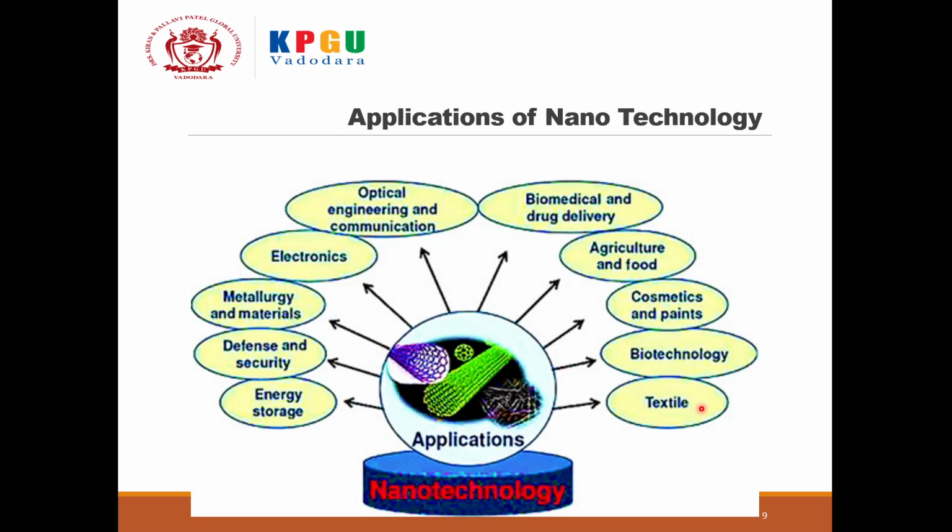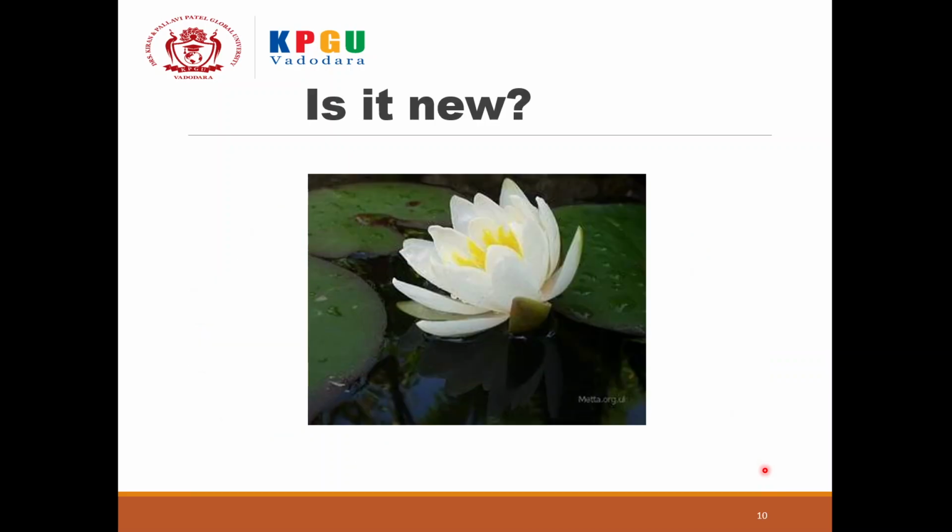Nanotechnology has application in the textile industry, in biotechnology, cosmetics and paints, agriculture and food, biomedical and drug delivery, optical engineering and communication, electronics, metallurgy, defense, security, energy storage, and there are many other fields where you will find application of nanotechnology. Now the question is, is it new?